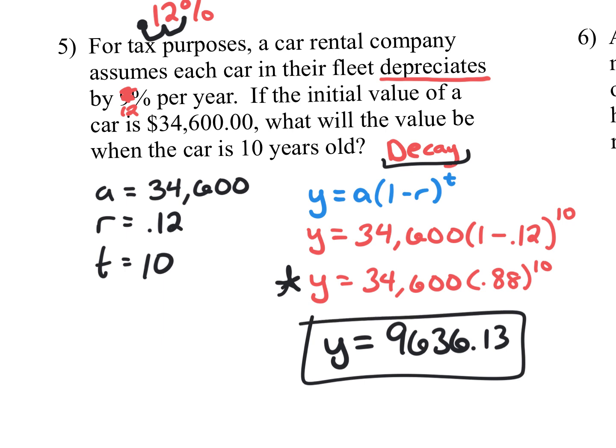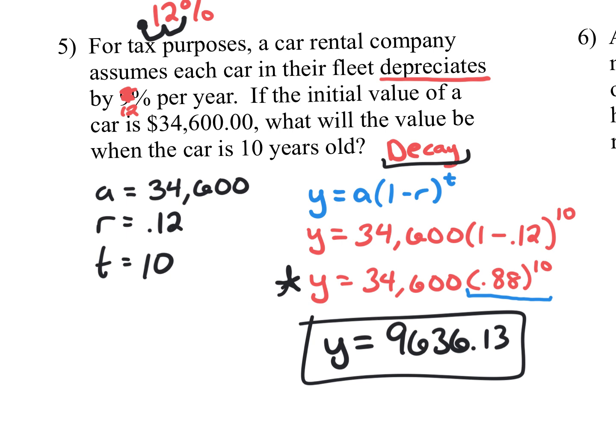Let's go through that again. On your calculator, I want everyone to try so we're making sure we're getting the same answers. First thing, take 0.88 to the 10th power. 0.88 caret 10. Hit equals. In your calculator right now, you should see 0.2785.